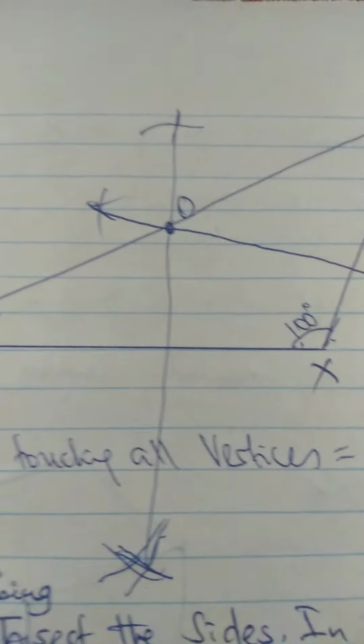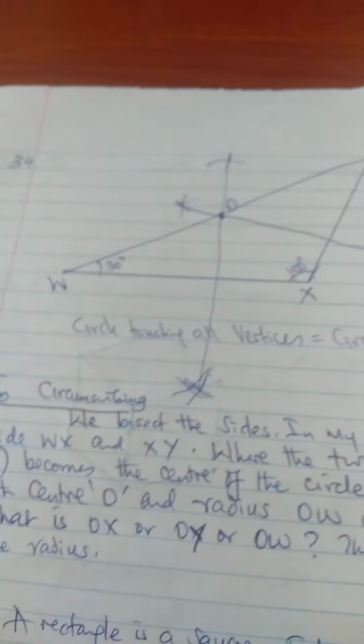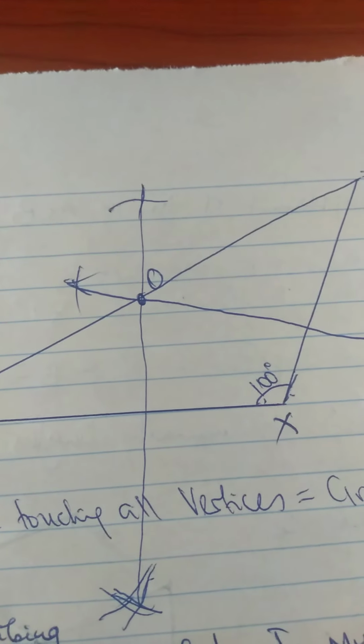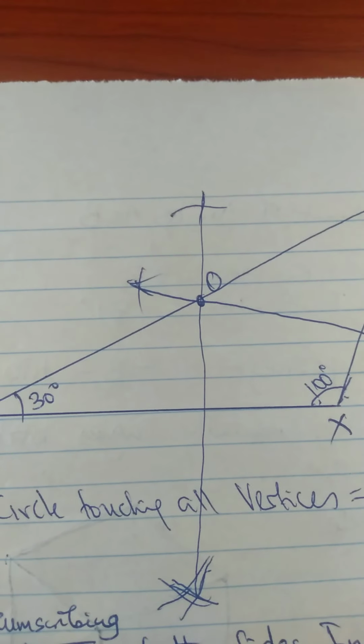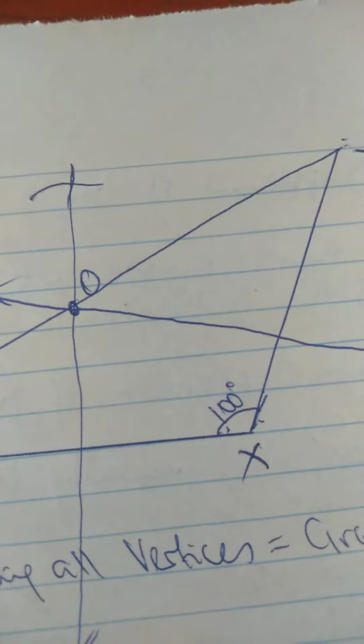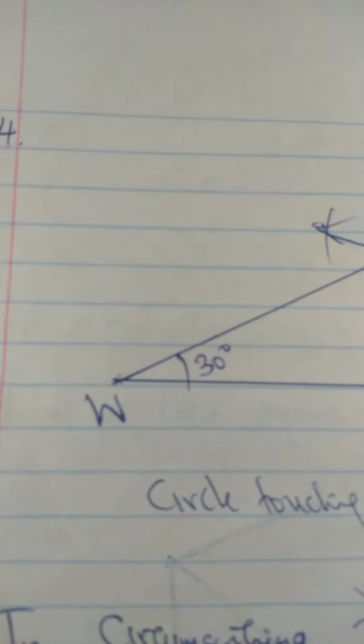Once you construct that, you are given one side and two angles. I hope you still remember how to do that. One side WX was 7.5, and then angle WXY was 100 degrees, and then angle YWX was 30 degrees. There you go.